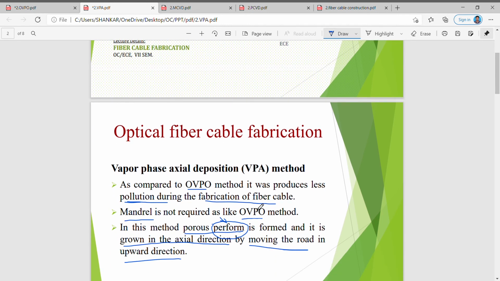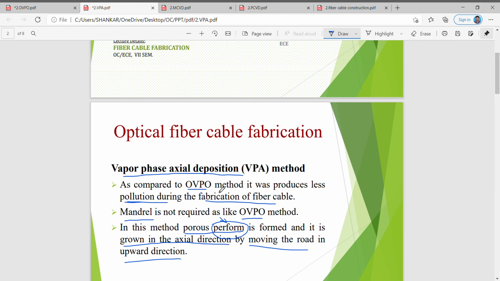I will repeat again. This is another method, VAD method, which is used to implement the optical fiber cable, that is called vapor phase axial deposition method. This method has very less pollution during the fabrication of an optical fiber cable.